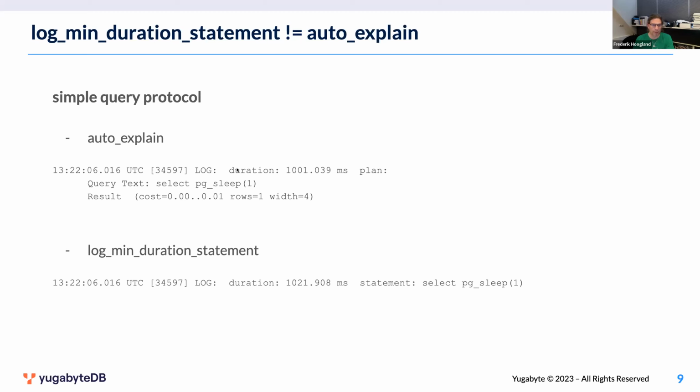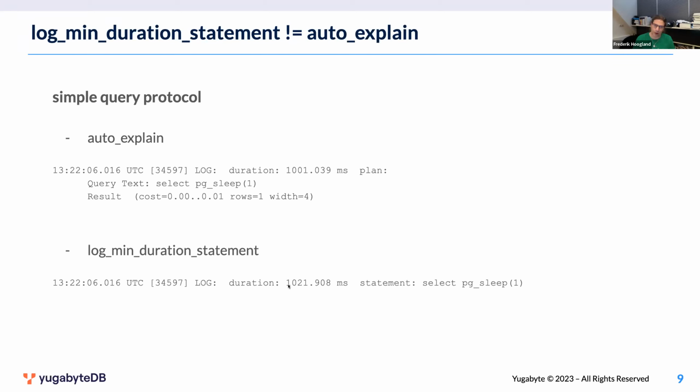The above here is, I now took pg_sleep(1) in a select statement, as the explanation. Query text is select pg_sleep(1), and the result is the execution, which is just a result. And log_min_duration_statement will say statement select pg_sleep(1) and a duration.